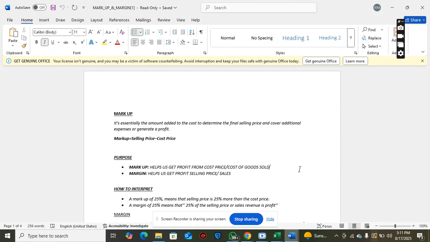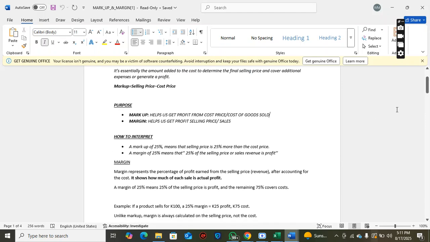So if your selling price is 70 kwacha, that's what you're selling your good for, 70 kwacha, and your margin is 10%, it means your profit is 10% of 70 kwacha, 7 kwacha. Percentage of profit earned from the selling price.